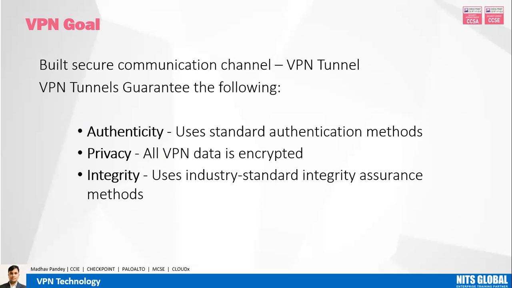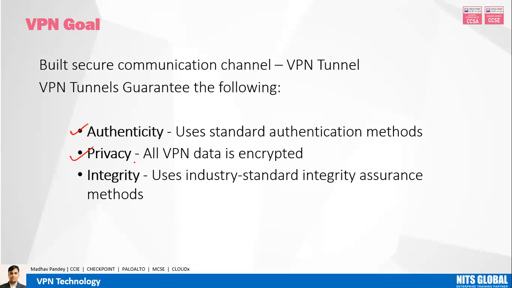A VPN tunnel guarantees three major things. First one is authenticity. That means it uses a standard authentication method, making sure your communication between you and the remote end devices is secure. Second thing, privacy.